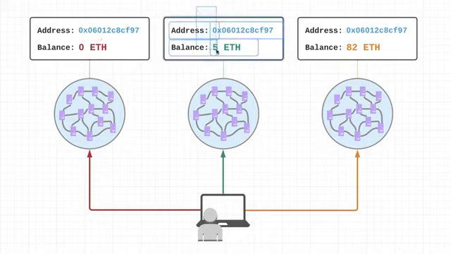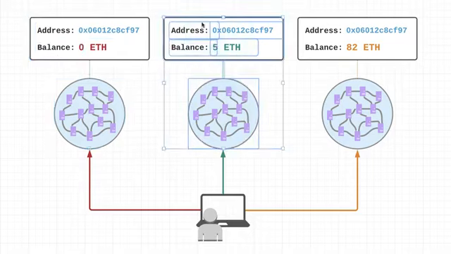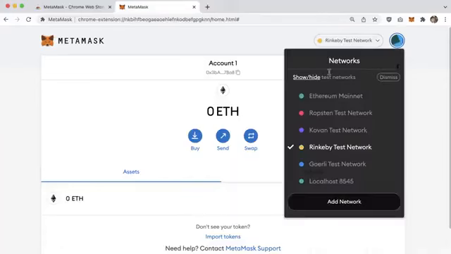Now, whenever I connect to a different network, a development network, and I start getting Ether for that network, this network right here knows nothing about this network. In other words, the Rinkeby test network has no idea what's going on in the Ethereum main network. It has no idea it exists. It really is completely isolated from it, a completely different environment.